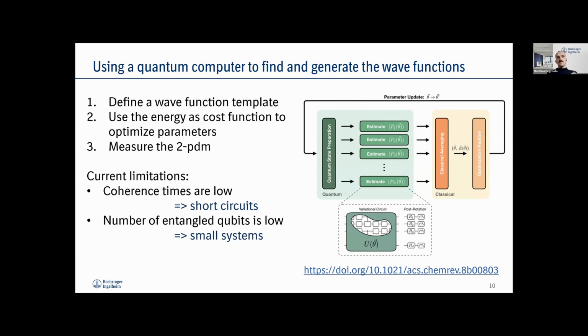There are several limitations of near-term and noisy quantum computing. The coherence times are low. This means that you can only do very short circuits or very simple wave function ansatzes.